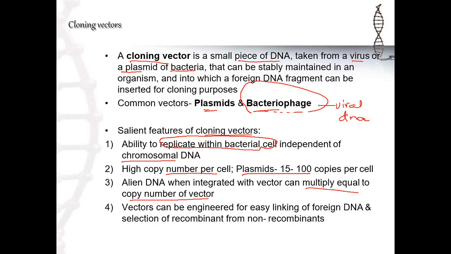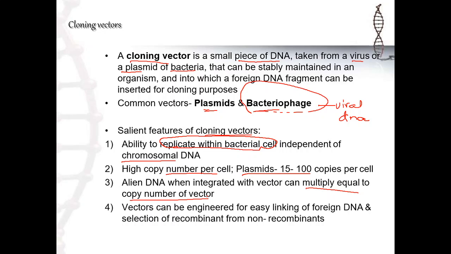But what is actually replicated is the plasmid carrying the foreign genes. So therefore, the alien DNA, when integrated with the vector, can multiply equal to the copy number of the vector. When these vectors are replicated, the genes are also replicated in equal numbers, because it is the vector that carries the foreign genes.